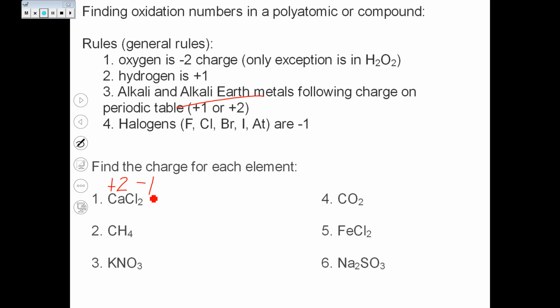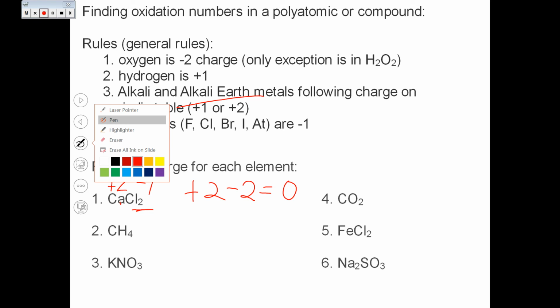So you have one calcium that has a +2 charge, and you have two chlorines that have a -1 charge each, so they contribute -2. That equals 0, as it should be. Okay, so all of these compounds, unless it's a polyatomic ion that has a charge, should add up to 0. So that is how you do that one.